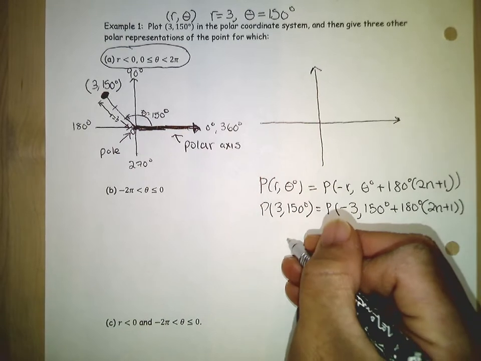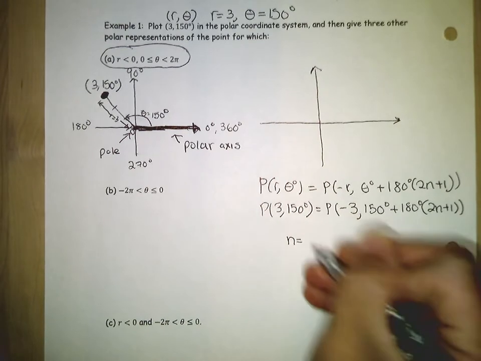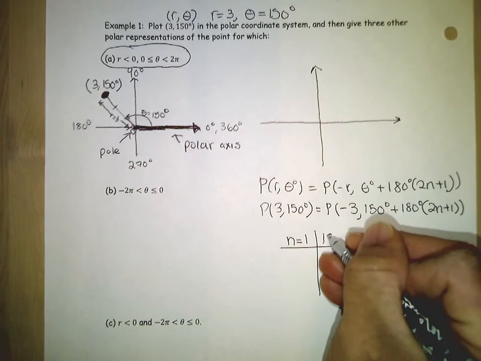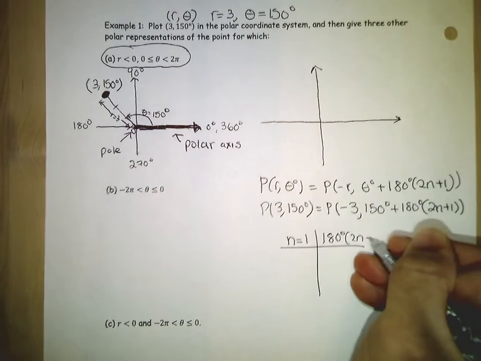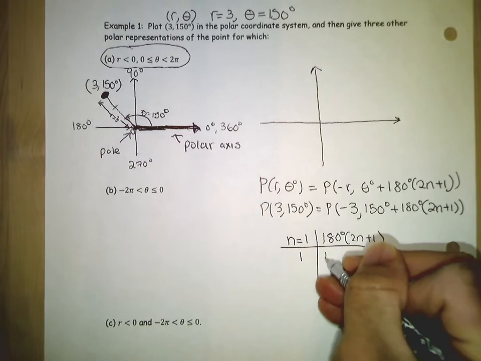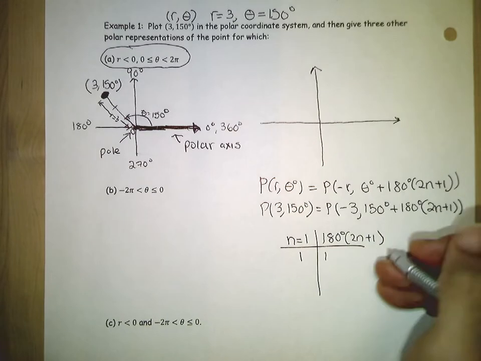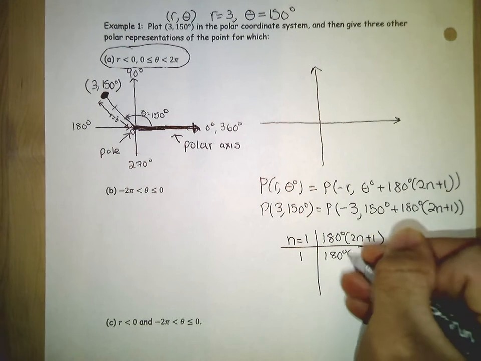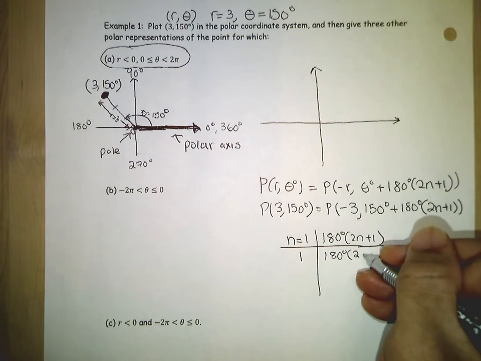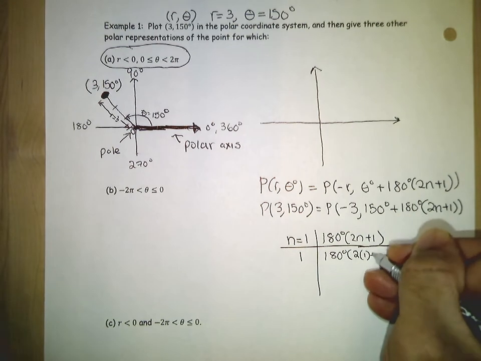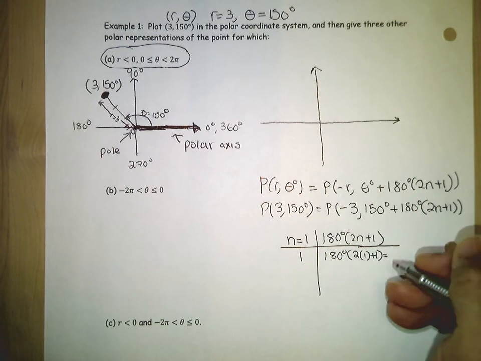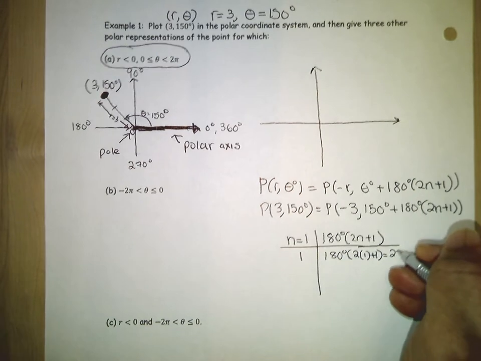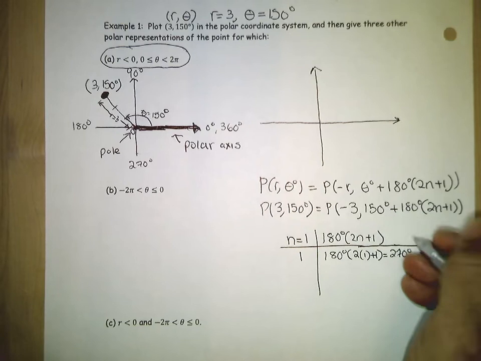All right, so let's see what happens if n is equal to 1. We have 180 degrees times 2n plus 1, so with n equal to 1, 180 degrees times 2 times 1 plus 1 is 540 degrees.